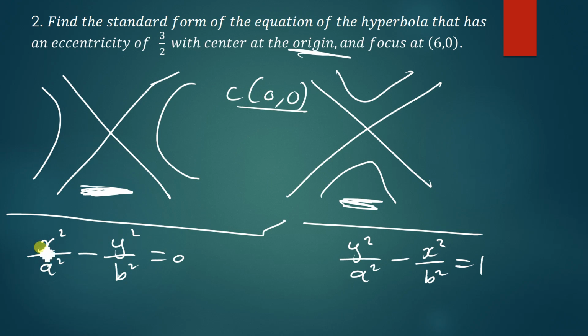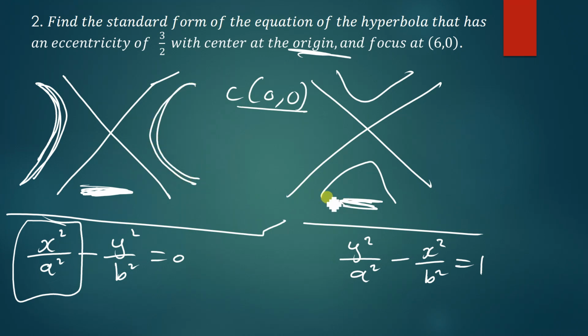So if x is the one that is positive, you expect the curves to be along the x axis. And if y is the one that is positive, then you expect the orientation to be like this.